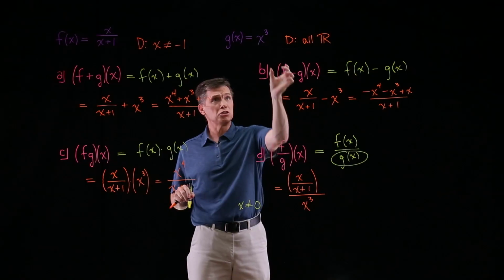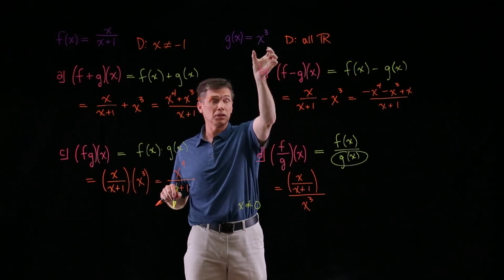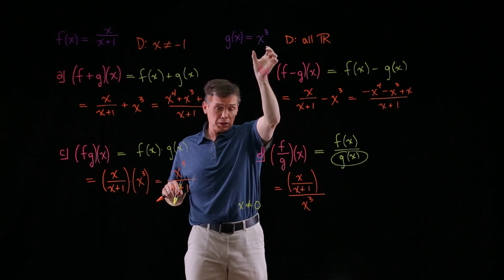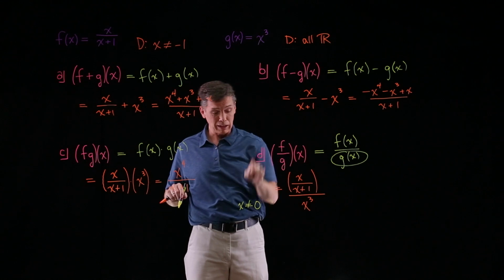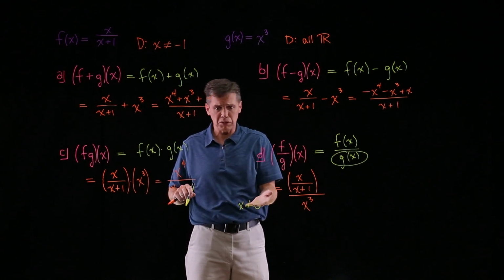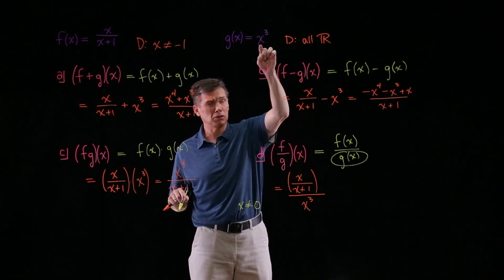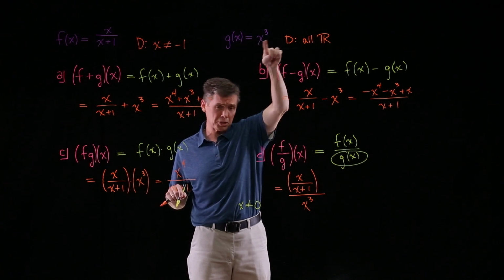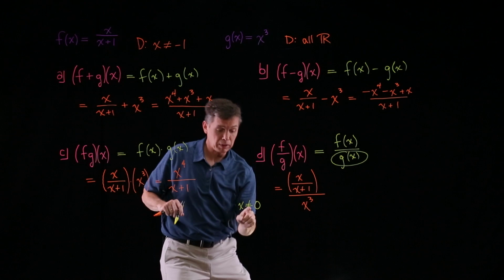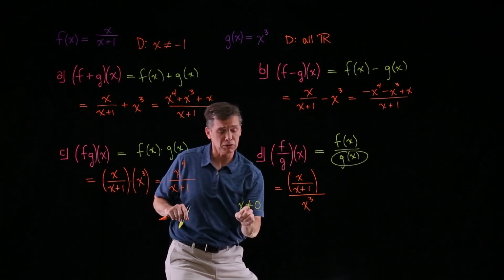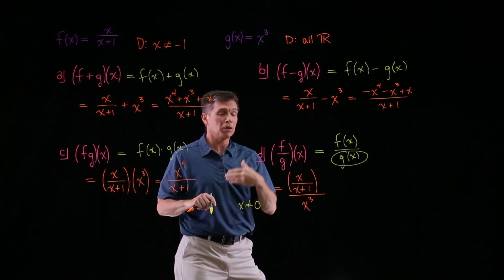And so that'll depend on what your g of x function is. What you want to be thinking of is what value of x makes this 0. So I got an easy one: x equals 0 would give me x cubed of 0. But whatever this expression is, don't let it as a whole equal 0. And make that exception right here, whatever x value would make g of x 0.